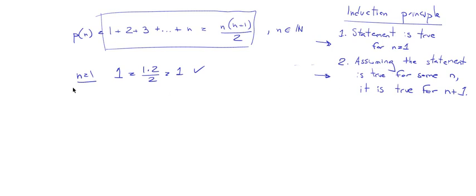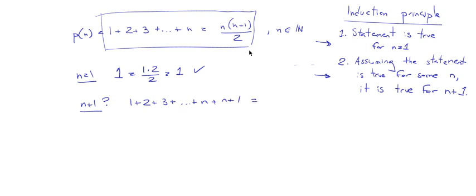For the second step, we assume it's true for some n, so this is true for a given n. Now we have to prove that it is true for n plus 1. Is this true for 1, 2, 3, up to n plus 1?